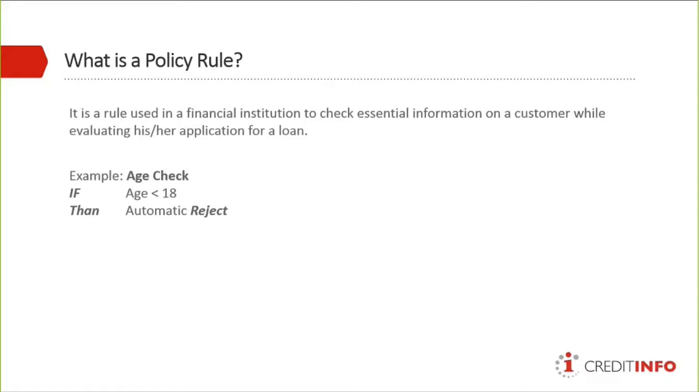You can imagine that an institution goes through many of these rules, and it means that the cost of loan evaluation increases with the number of rules. So the aim of our product is to ease the assessment of a customer and to automate this for them.